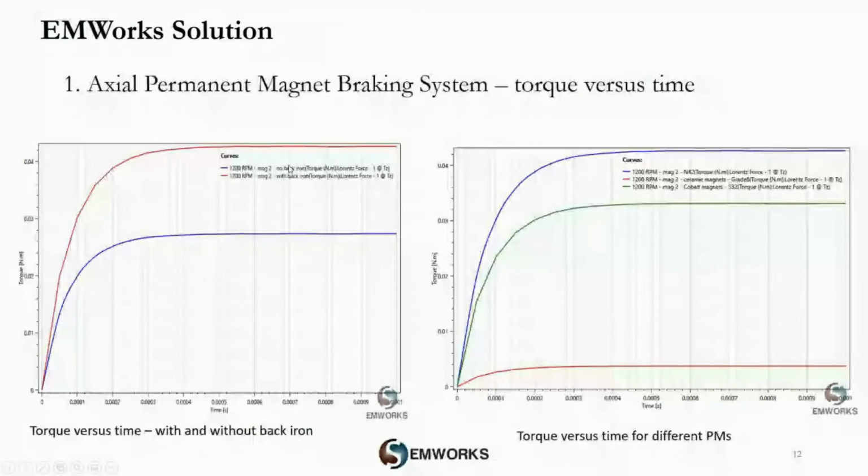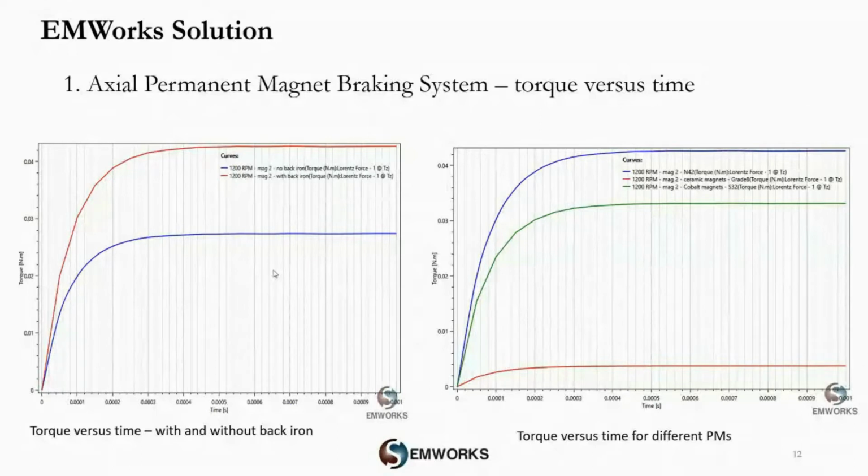Now, this plot shows the effect of the back iron. So if you have a back iron, this one, the red, you achieve higher torque. But again, back iron, of course, is more expensive, right?